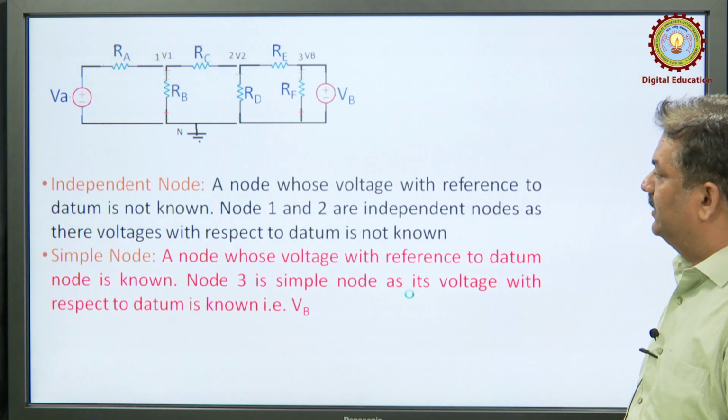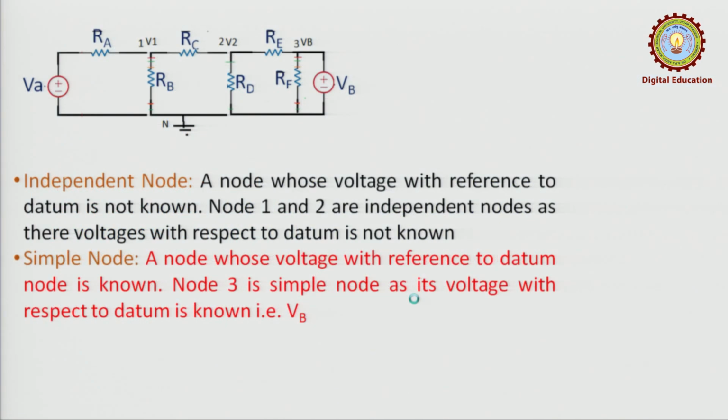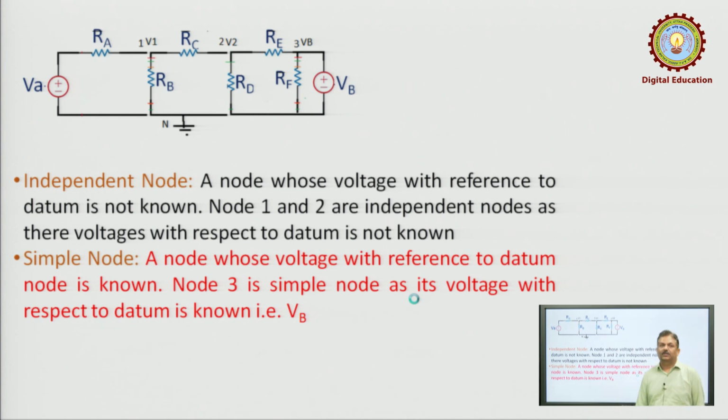Next is the definition of an independent node. A node whose voltage with reference to datum is not known is called an independent node. In this network you can see this is the datum node whose voltage is 0 volt. With reference to this, the voltage of this node is not known, hence this will be called an independent node. The voltage of this node is also not known with respect to this reference, so this is another independent node.